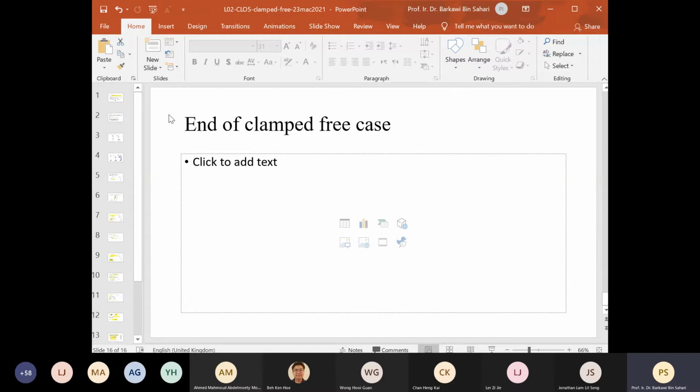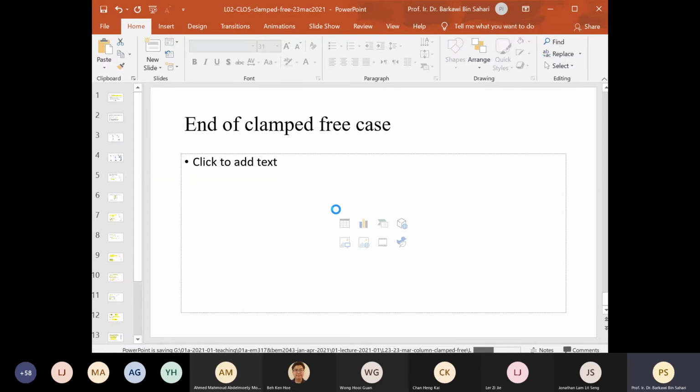The lecture notes for the effective length I have also uploaded in CN, so make sure you download those while I change the slide. I will share the presentation notes for the effective length.